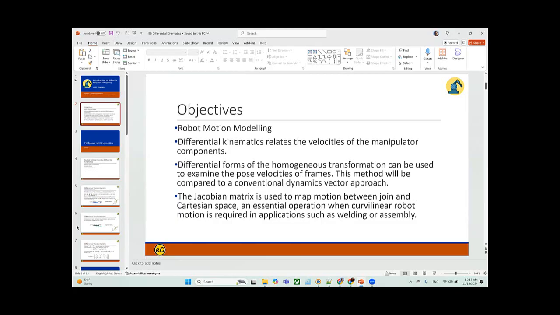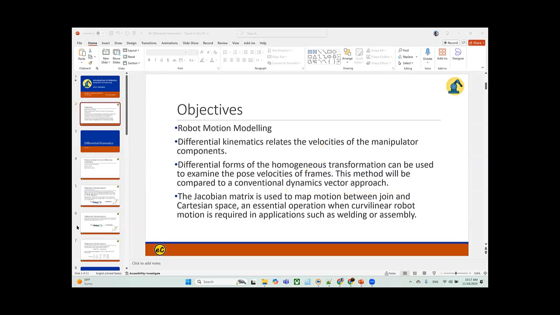And the differential form of a homogeneous transform can be used to examine the pose velocity of each frame. This will be compared to the conventional dynamic vector approach.